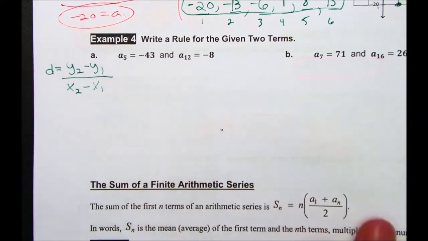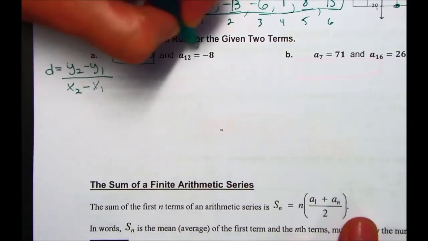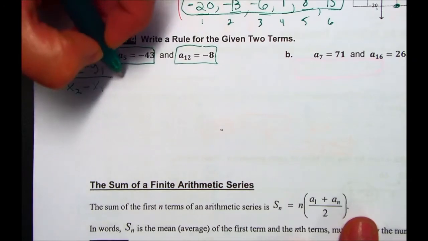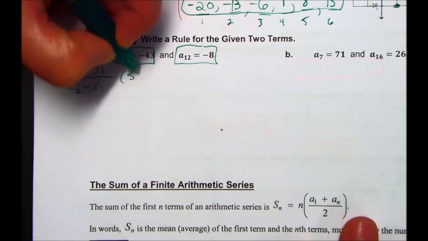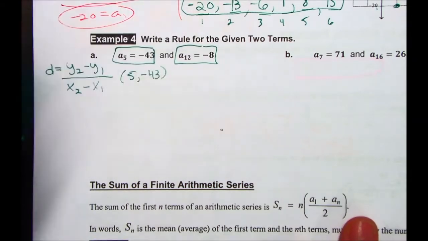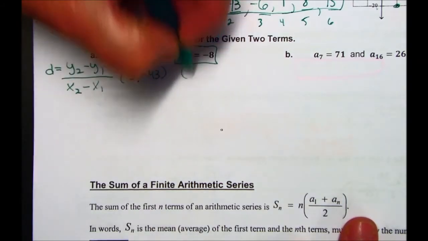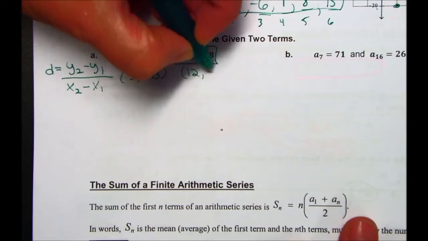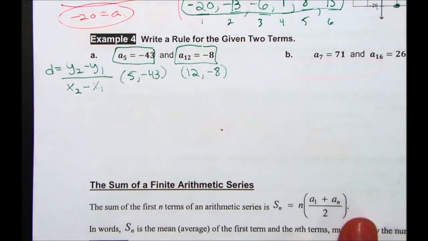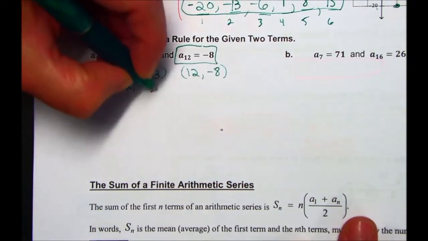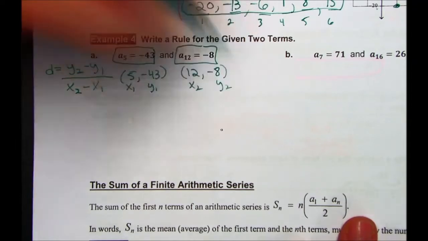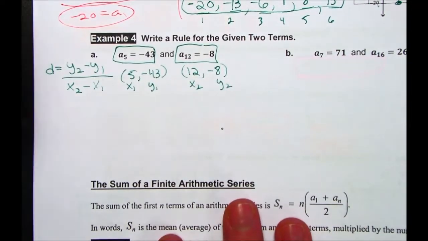And these 2 terms here will give us 2 points. So we've got the point 5, negative 43. Because the input value is 5, the output is negative 43. And for this one, the input is 12, the output is negative 8. So this is my x1, y1, x2, y2. Then plug them in your slope formula to find your common difference.